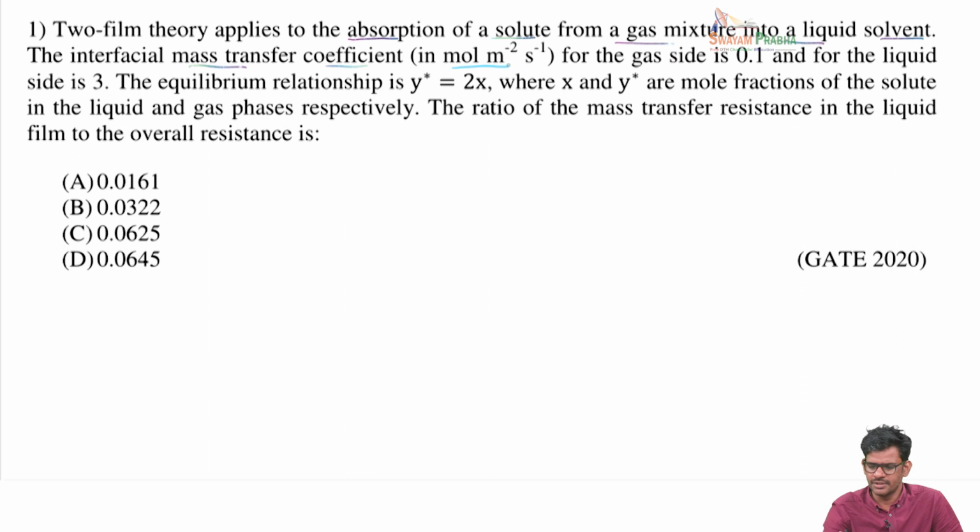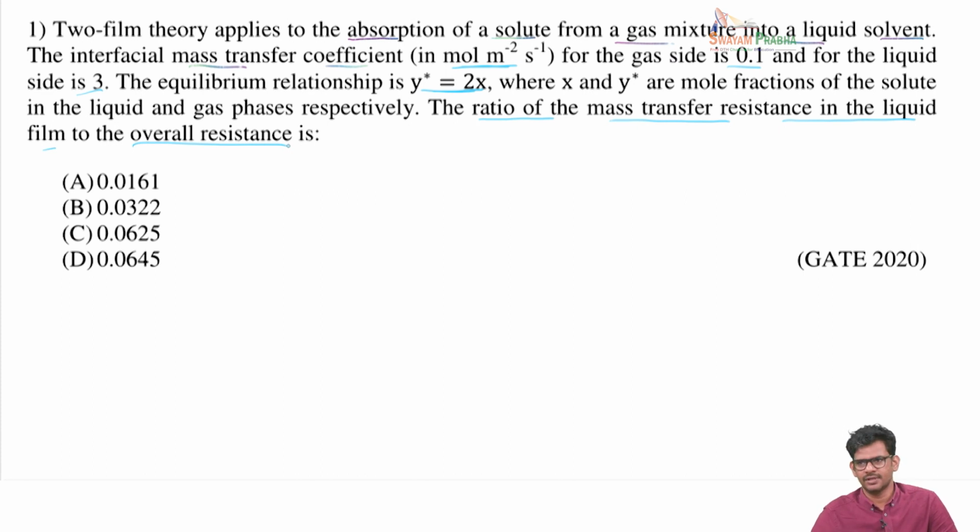You can note the units for the gas side as well as for the liquid side. And then the equilibrium relationship is also given in terms of mole fractions. And the question is, what is the ratio of the mass transfer resistance in the liquid film or liquid phase over the total resistance, okay.